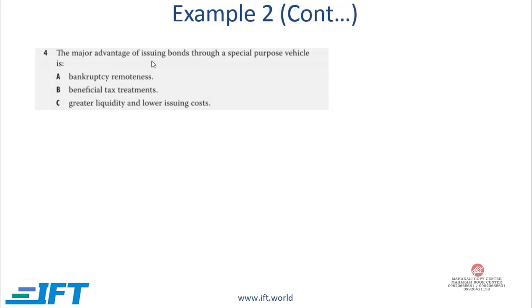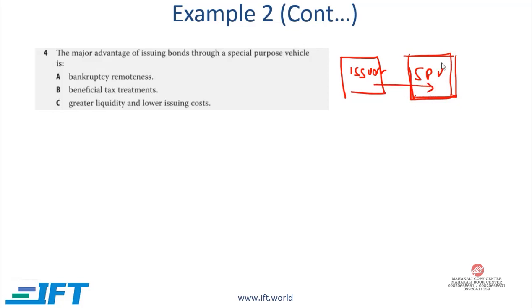The major advantage of issuing bonds through a special purpose vehicle is what? Now, just as a quick recap, you have a particular issuer. This issuer is also sometimes called the sponsor. At times, the issuer will create an entity called a special purpose vehicle, which is a legally separate entity.